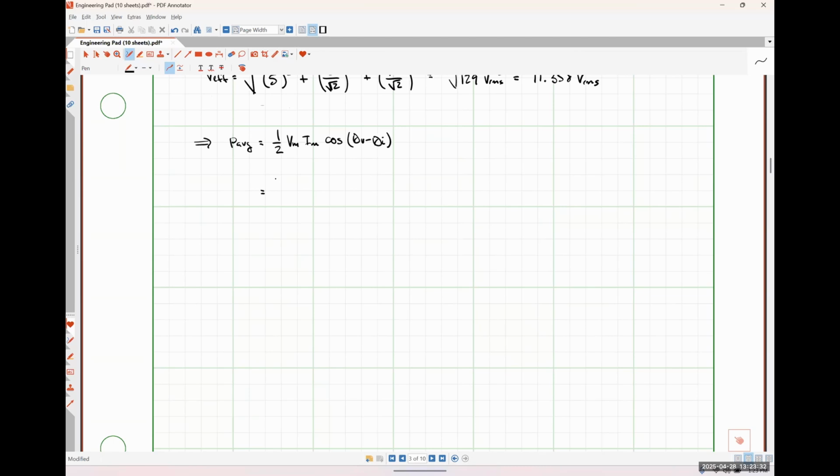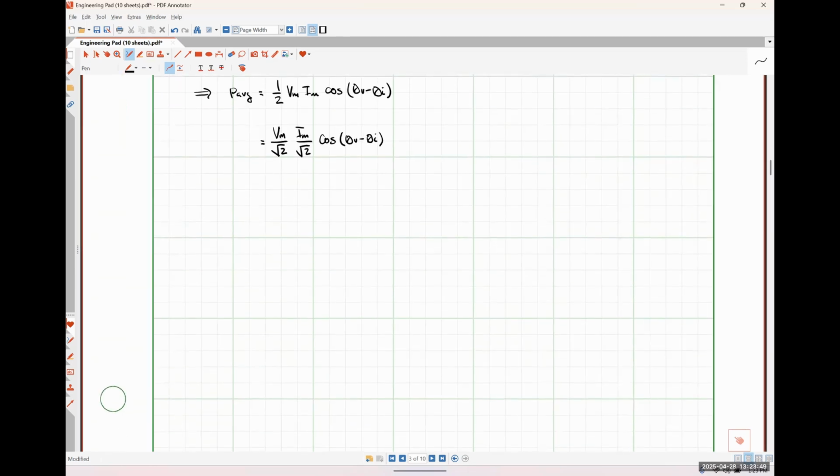So I could write this as Vm divided by the square root of 2 multiplied by Im divided by the square root of 2 times the cosine of theta V minus theta I, which is the exact same thing as the effective value of our voltage in a single phase AC system multiplied by the effective value of our current in a single phase AC system times the cosine of theta V minus theta I.